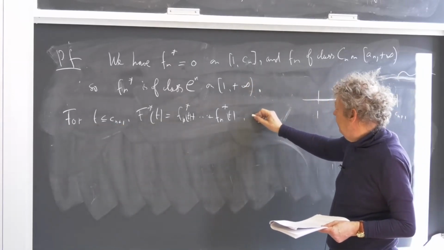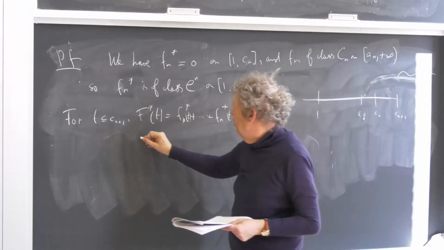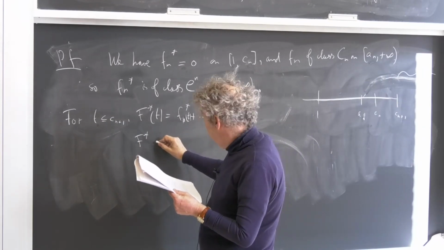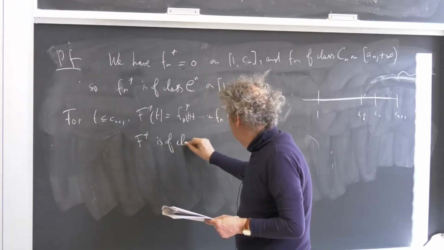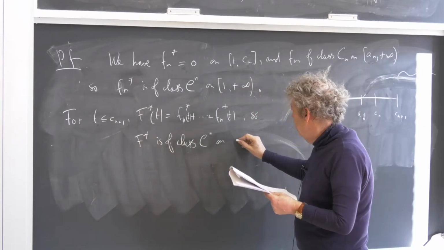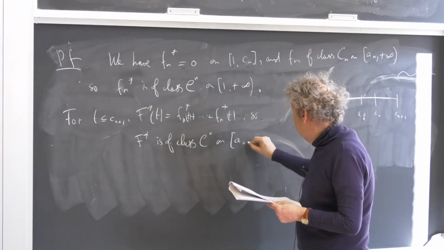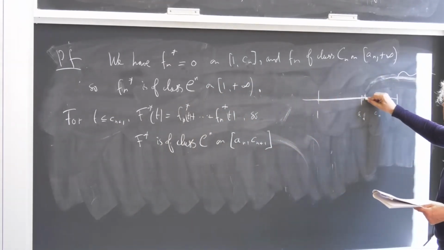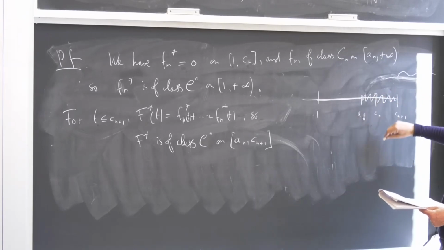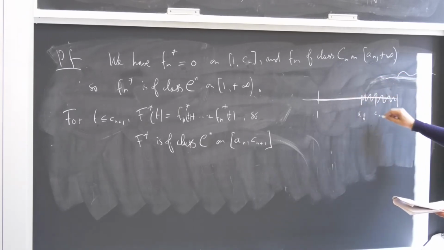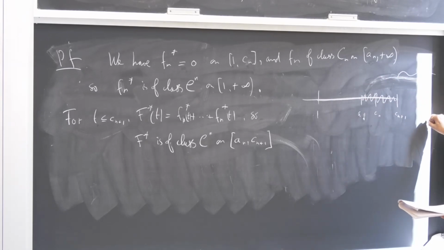And that means that f star is of class Cn, at least on the interval from An to Cn plus 1. Of course, these intervals are interlocked: the next interval will be from An plus 1 to Cn plus 2.